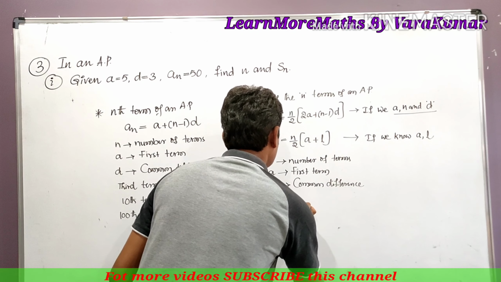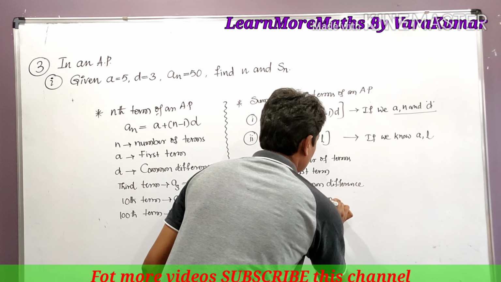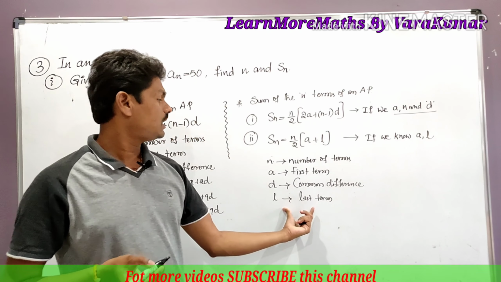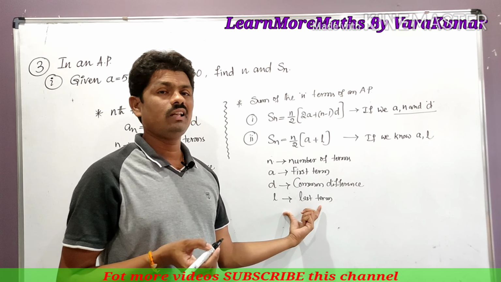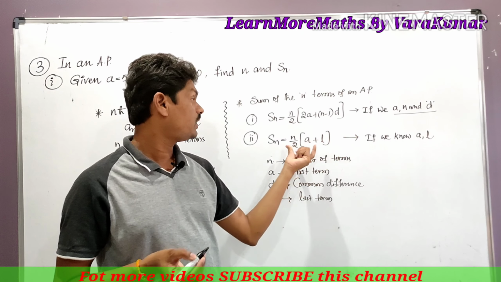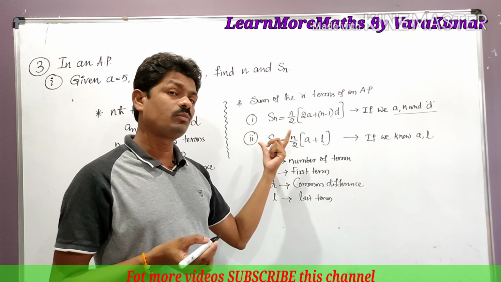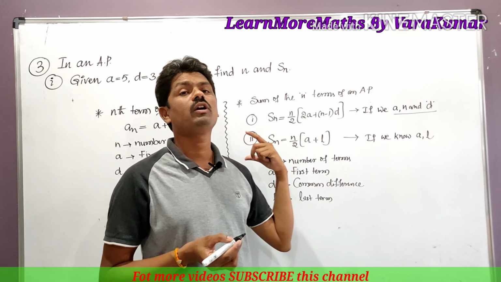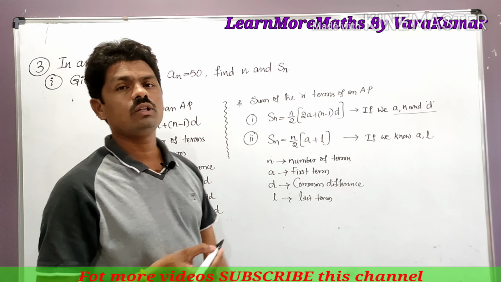Sometimes it is also known as the nth term and last term, both are the same, student, don't get confused with a and l. Sometimes we write Sn is equal to n by 2 into a plus l, and sometimes we write Sn is equal to n by 2 into a plus an. So these are the terms involved in the formula.